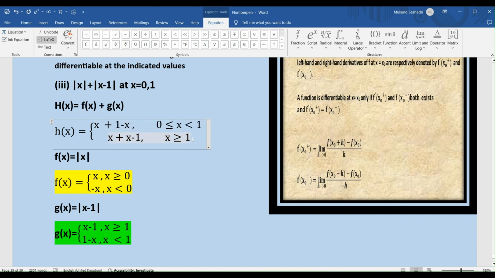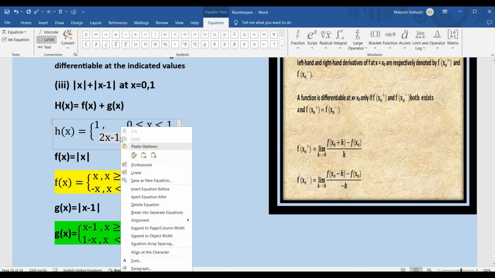And for x greater than or equal to 1, we have x plus x minus 1, right? I hope you folks are with me. So I can further simplify this. My x plus 1 minus x becomes 1, and my x plus x minus 1 becomes 2x minus 1 here. So this is how I write this, and looks like we've covered only the positive domain, and we might have to add two more equations. So let's add that.